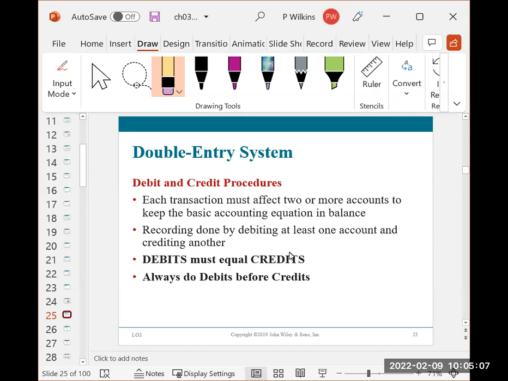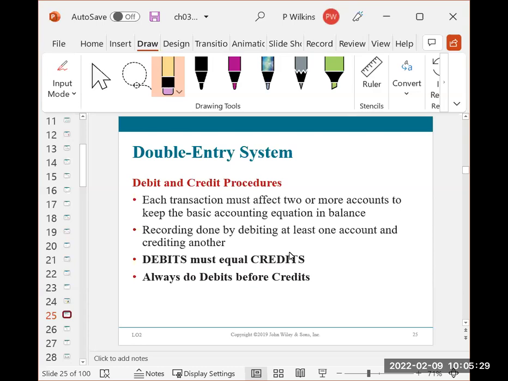I would then credit cash, $2,000. Cash is an asset. Assets have a debit balance. If I pay $2,000, that means my cash is going down. So I'm going to credit cash $2,000. And then I have a loan for the rest and notes payable for the rest for $8,000. So I'm going to credit notes payable $8,000 to make that go up.